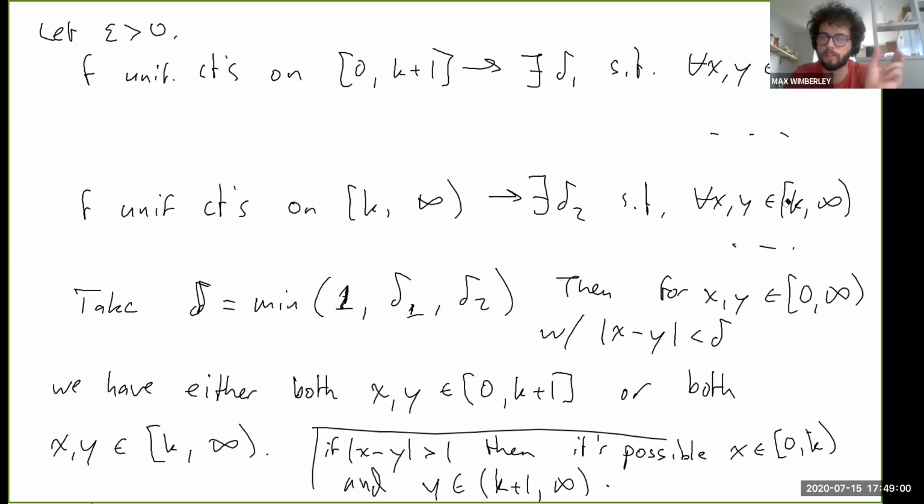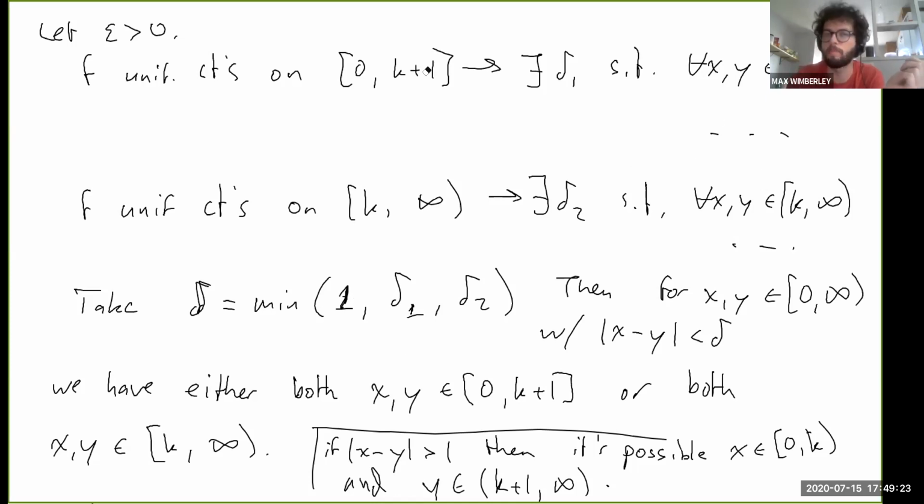And delta 2 is for the set k to infinity. So we basically can't say anything about f of x minus f of y if they're not both in one of these two sets. Like if they're not both contained in at least one of these two sets, then that's a problem. So the 1 basically just forces them to be, right?